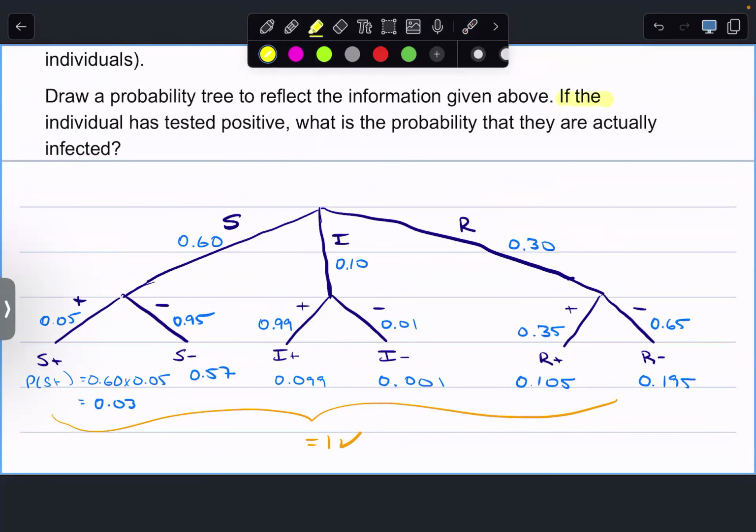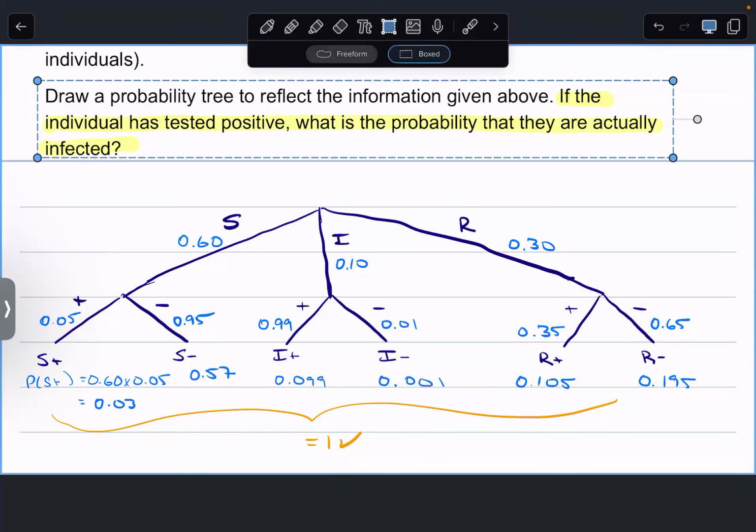Now we can talk about the question. If the individual is tested positive, what's the probability that they are actually infected? So again, knowing that they have tested positive, and let me just grab this and put it down.